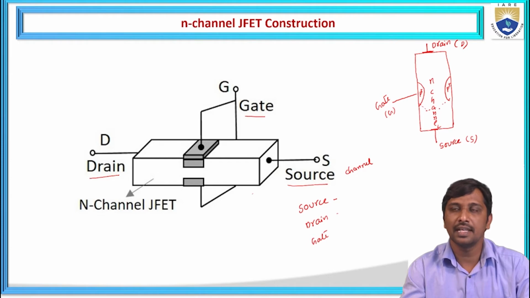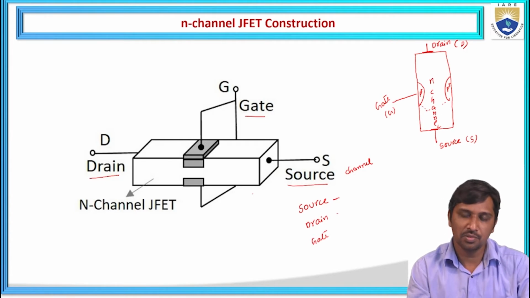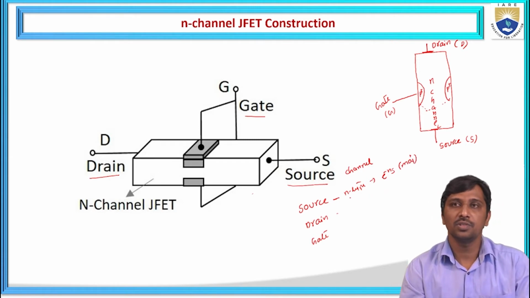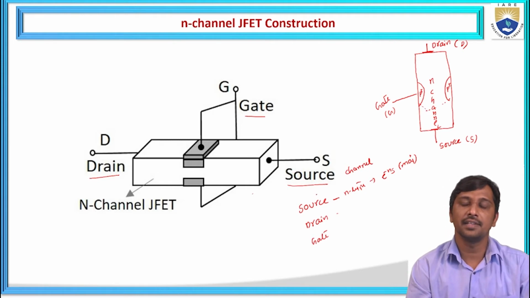But here we consider an N channel JFET, hence the source and the drain are made up of N type. Let us consider the source is N type, hence the majority charge carriers are electrons. So these are the majority charge carriers. And the source gives the charge carriers to allow the conduction in this FET.